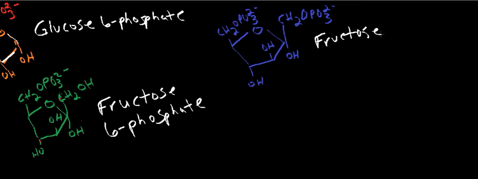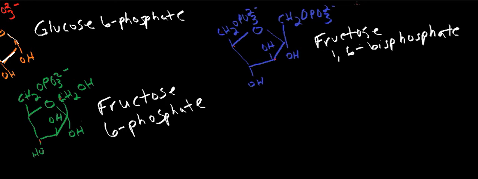Fructose 1,6-bisphosphate. Numbering our carbons, we can still count the carbons and locate our number 1 carbon. So this is 1, this is 2, 3, 4, 5, 6.